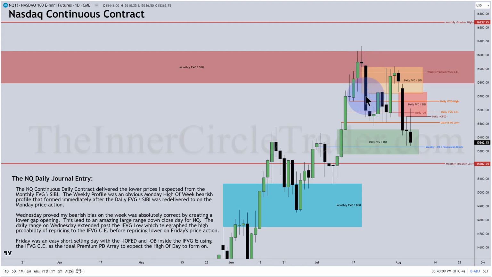This inefficiency is a daily fair value gap SIBI, sell side imbalance, buy side inefficiency. It traded up into the high of that SIBI on Monday. Then Tuesday, we traded down, got really close to the low, which will be this candle's high.